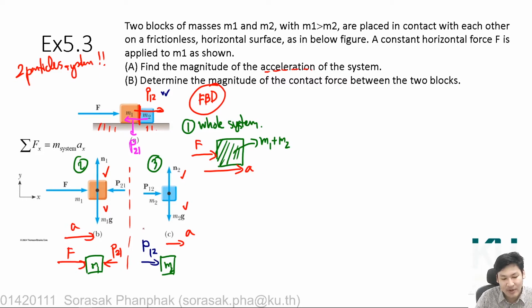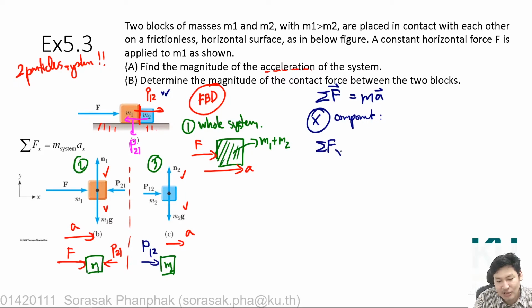With this system, when you see the particle moving with acceleration, I remind you to think about Newton's second law, sigma F equals ma. This system is moving along only the x axis, so you determine only x components. That means you have sigma Fx equals ma.